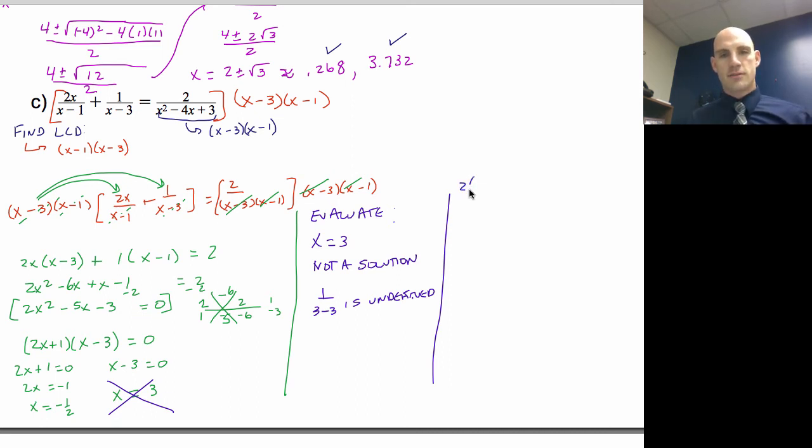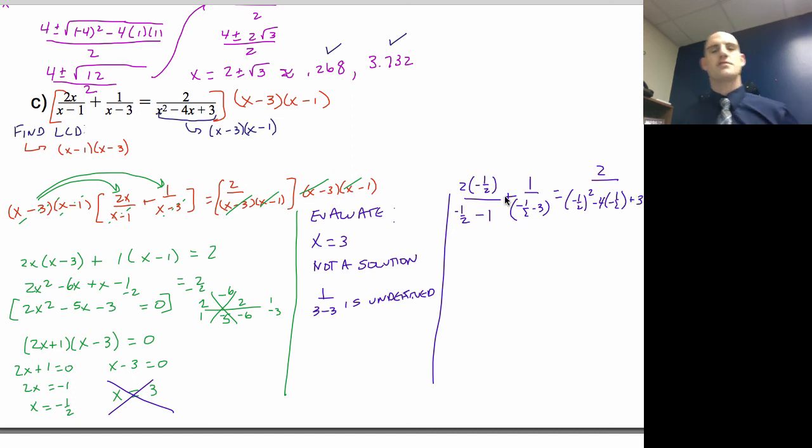So I've got 2 times negative 1 half over negative 1 half minus 1, plus 1 over negative 1 half minus 3, oh boy, equals 2 over negative 1 half squared minus 4 times negative 1 half plus 3. All right, so just take it in steps.